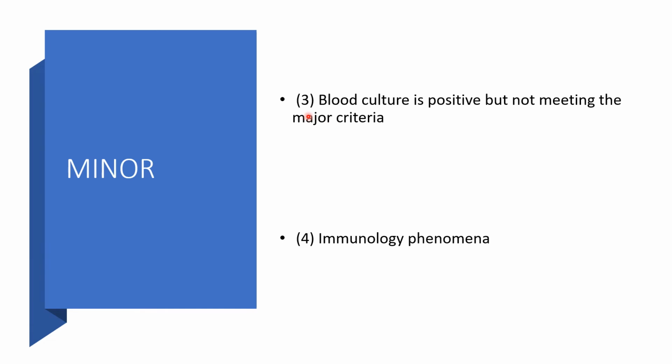The third criterion under the minor will be that the blood culture is actually positive, but is not meeting the major criteria for blood culture. So the blood culture that is positive is outside of the major criteria for microbiology or serological evidence. Then another one, which will be the fourth criterion under the minor, will be immunological phenomenon.